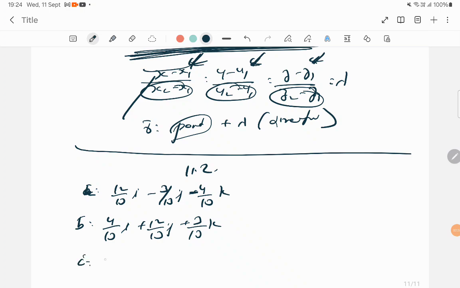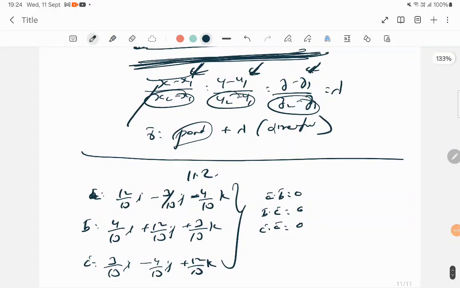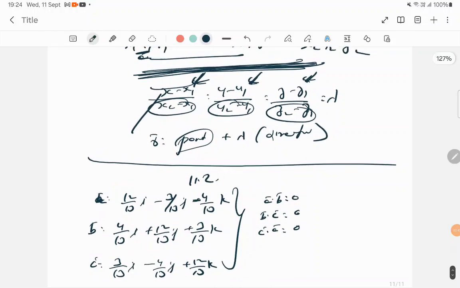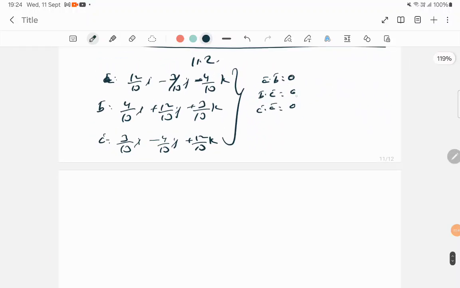And C vector is 3 by 13 i minus 4 by 13 j plus 12 by 13 k. If the three lines are mutually perpendicular, A dot B should be equal to 0, B dot C is equal to 0, C dot A is equal to 0. Just dot them and see. Dot the i's and i's, j's and j's and k's and k's, and equate it to 0. If they are equated to 0, then they are perpendicular.